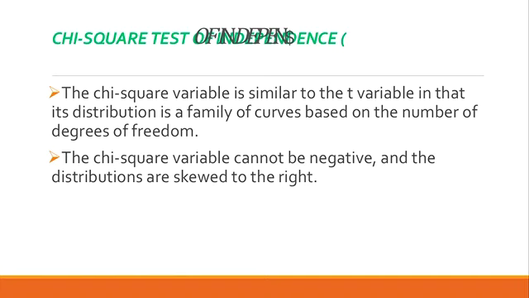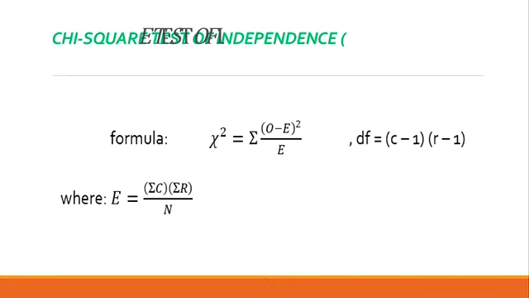It is emphasized here that the chi-square variable cannot be negative because the distributions are skewed to the right. And of course, the chi-square test of independence is used to test significant relationships between the independent and the dependent variable. So this is the formula.